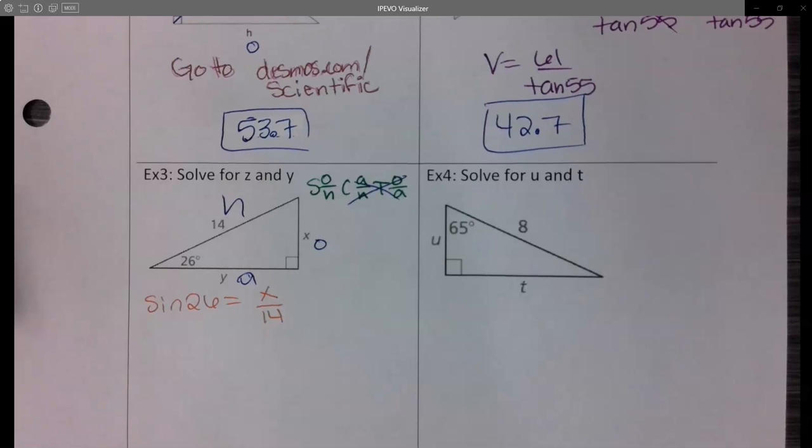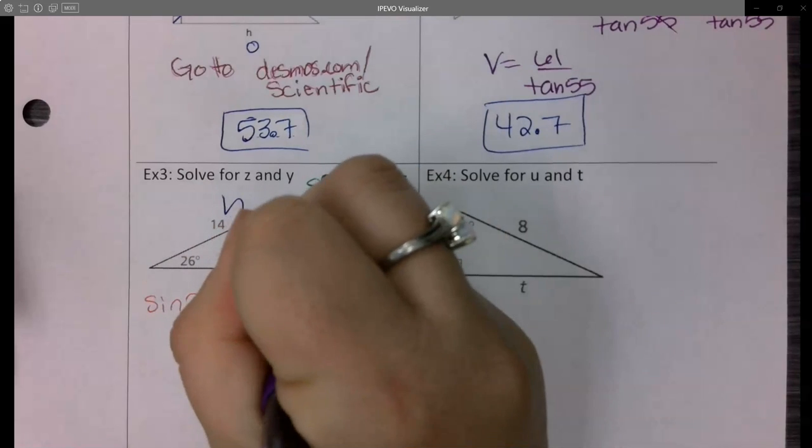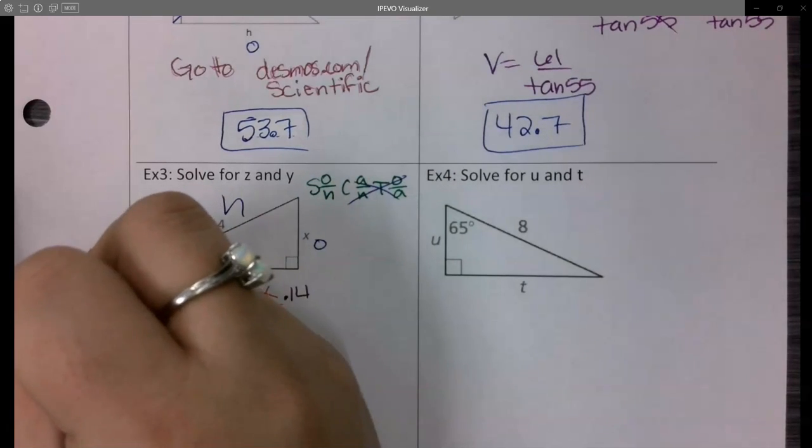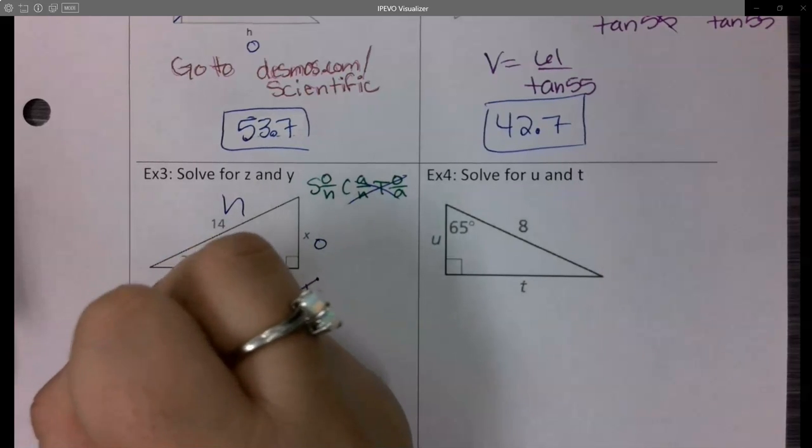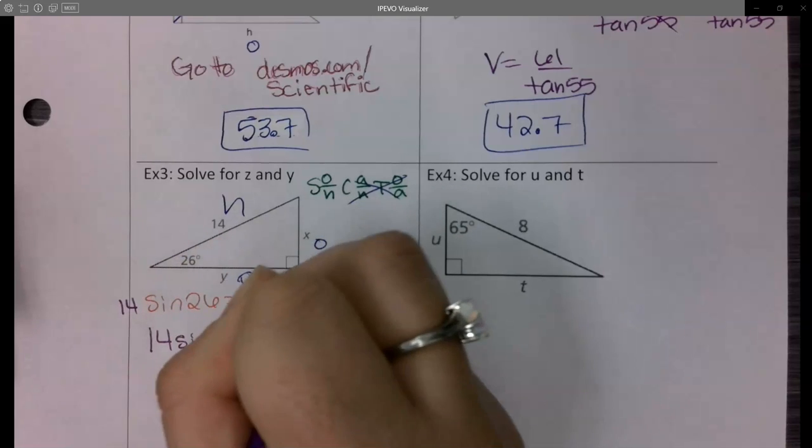Then I want to go ahead and get the x by itself, so I'm going to multiply both sides by 14 to get rid of this fraction, which is going to give me 14 sine 26 equals x.